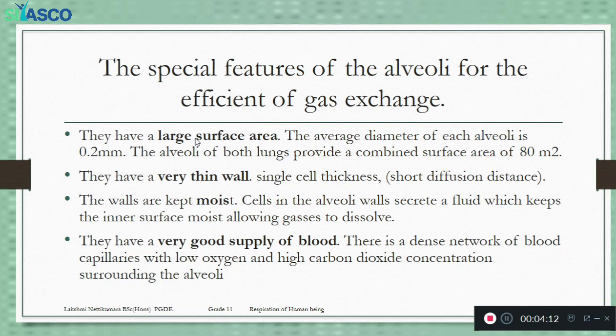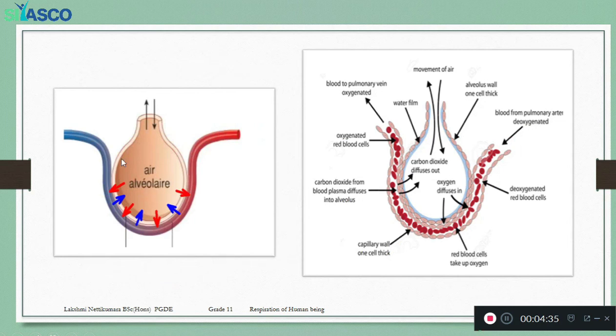They have a very good supply of blood. There is a dense network of blood capillaries with low oxygen and high carbon dioxide concentration surrounding the alveoli. Now see the rough diagram. This is the alveolar sac, one alveolus, and these are the vascularized blood capillaries.